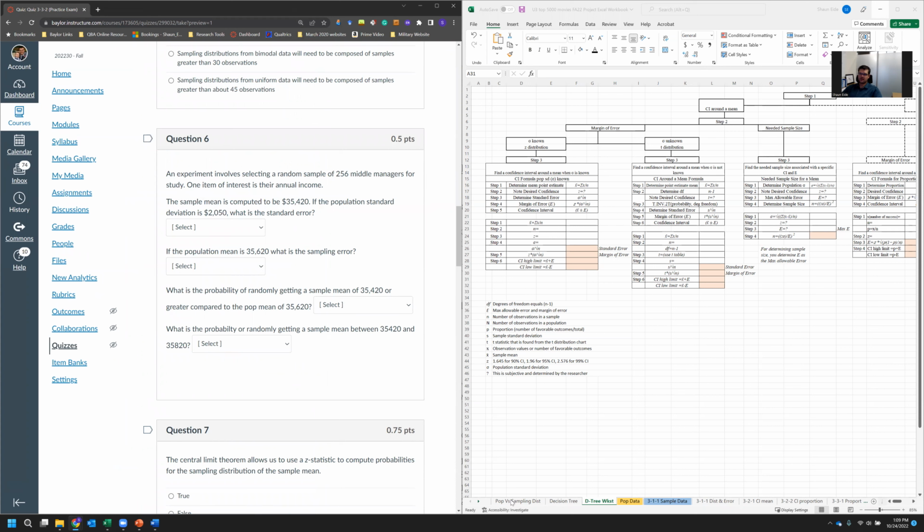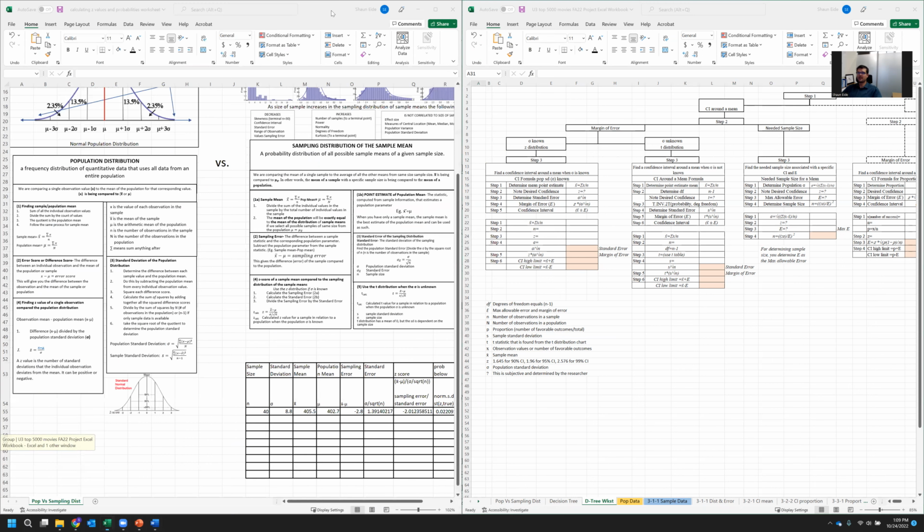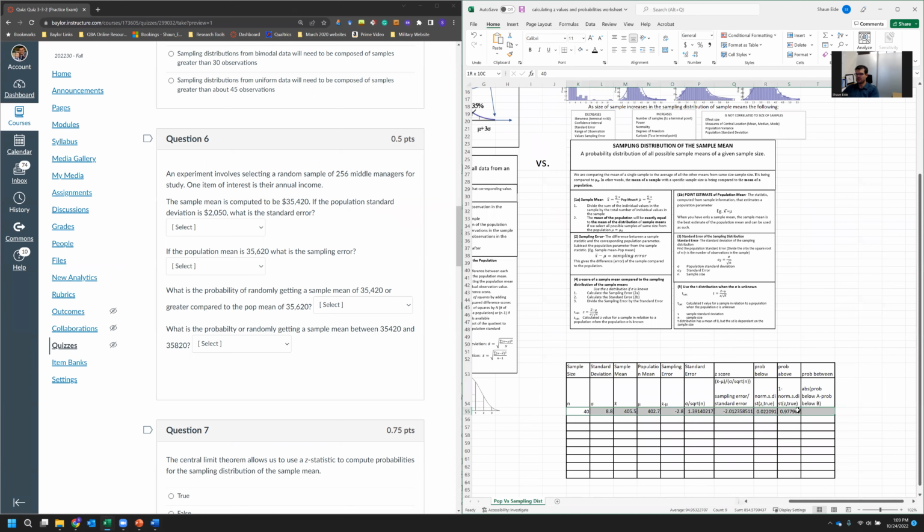We're not calculating a sample size. The one that I'm going to be using very specifically is calculating the probability of getting a sample with a particular mean. If you're calculating a sample with a particular mean compared to the population mean, we're going to do this right down here. First of all, the sample mean is computed to be 35,420.